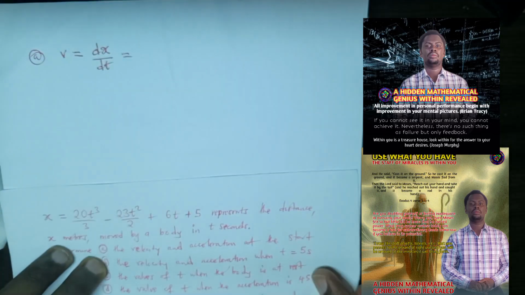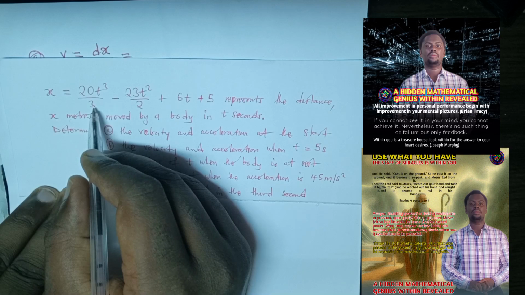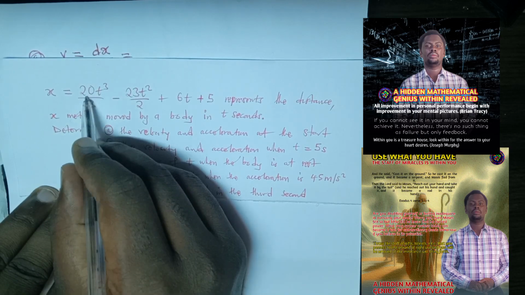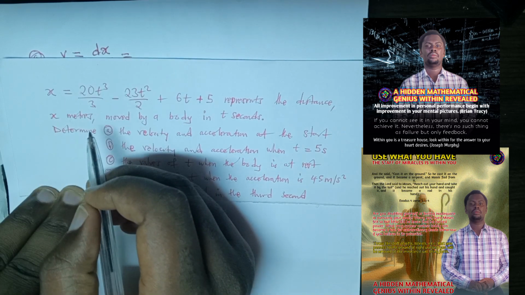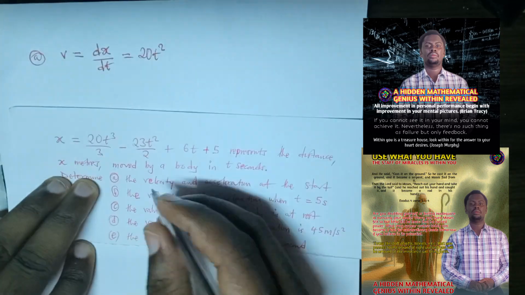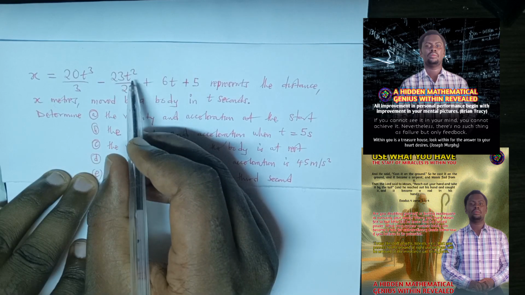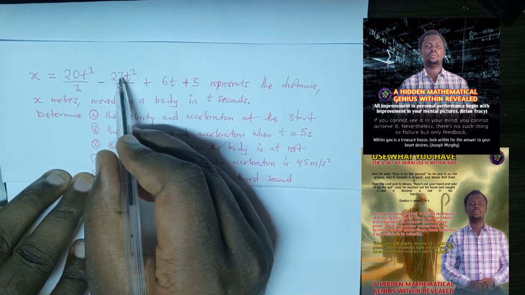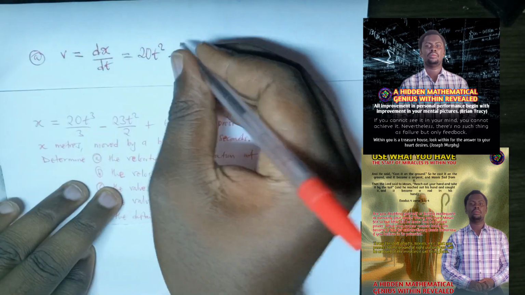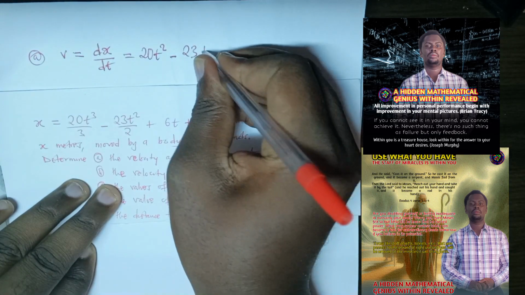So the derivative of 20t cubed over 3: we're going to have 3 multiplied by 20 over 3, 3 and 3 will cancel out, so you get 20, then 3 minus 1, that is 2. So we have 20t squared minus the derivative of 23t squared over 2: 2 multiplied by 23 over 2, 2 and 2 will cancel out, so you get 23, then 2 minus 1 is just 1, so you get t.